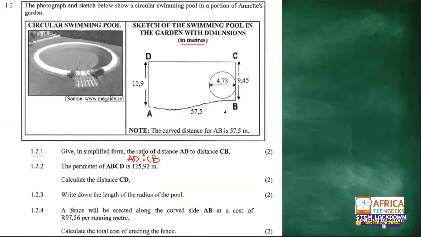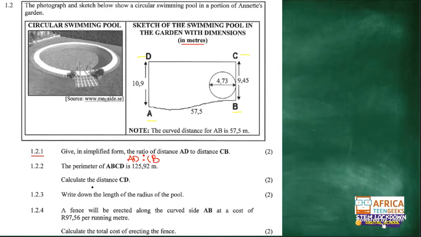The next question says, the perimeter of A, B, C, and D is 125.92 meters. So the total distance around the shape is 125.92.